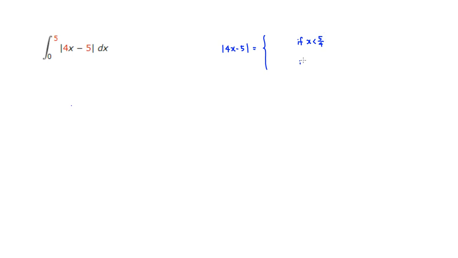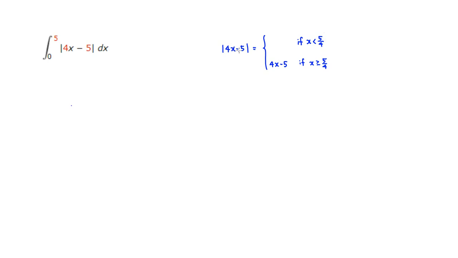And also if x is greater than or equal to 5 over 4, which means that 4x minus 5 is non-negative. If it's non-negative, the absolute value sign really doesn't do anything, so it's going to be just 4x minus 5, right?